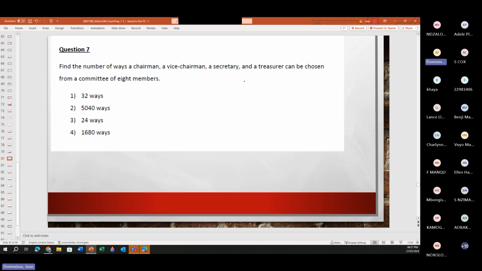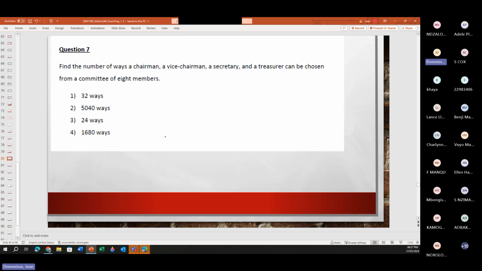Okay, so let's look at this one. First, it is one that you need to decide: is it a combination or is it a permutation?